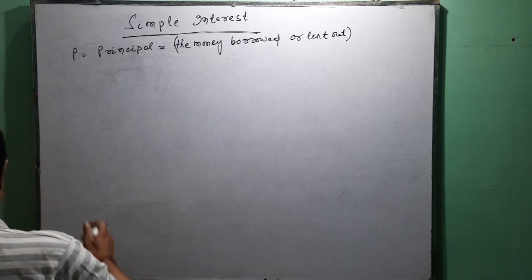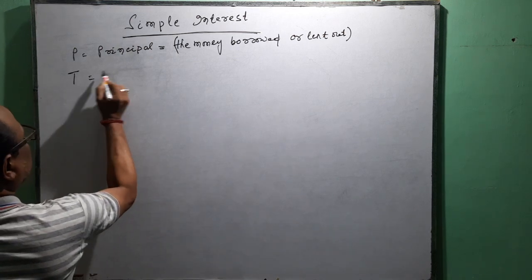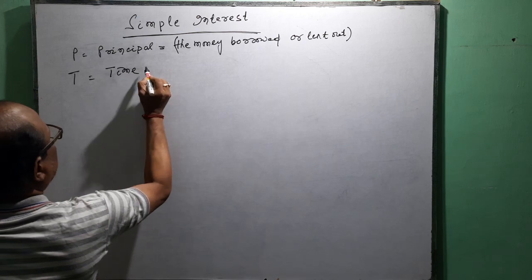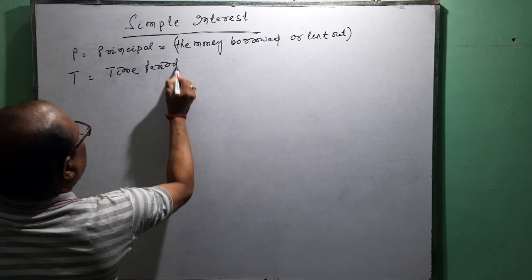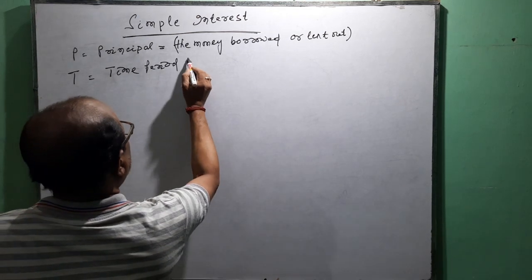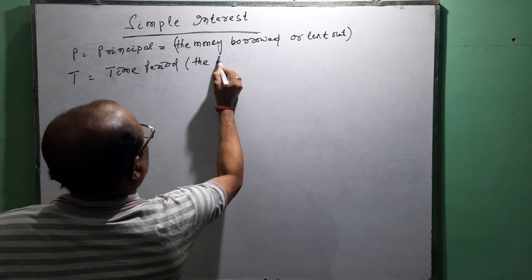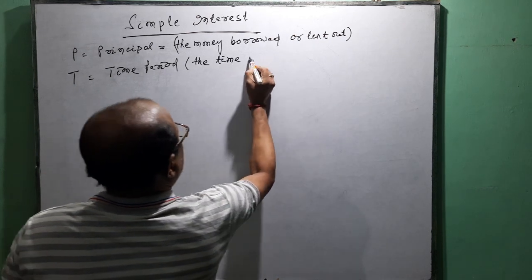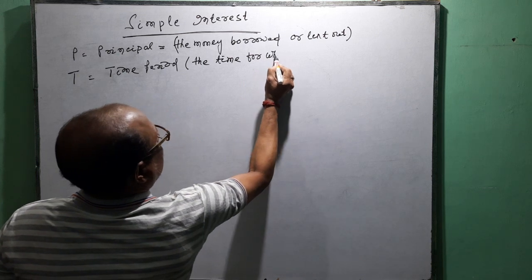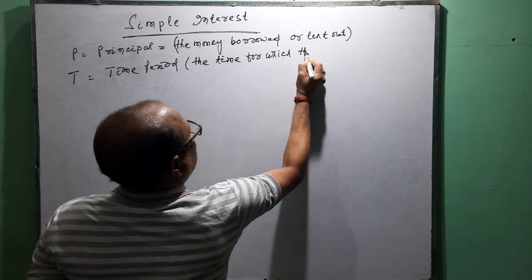Number 2, T is equal to time period. So what is the time period? The time for which the money is used.